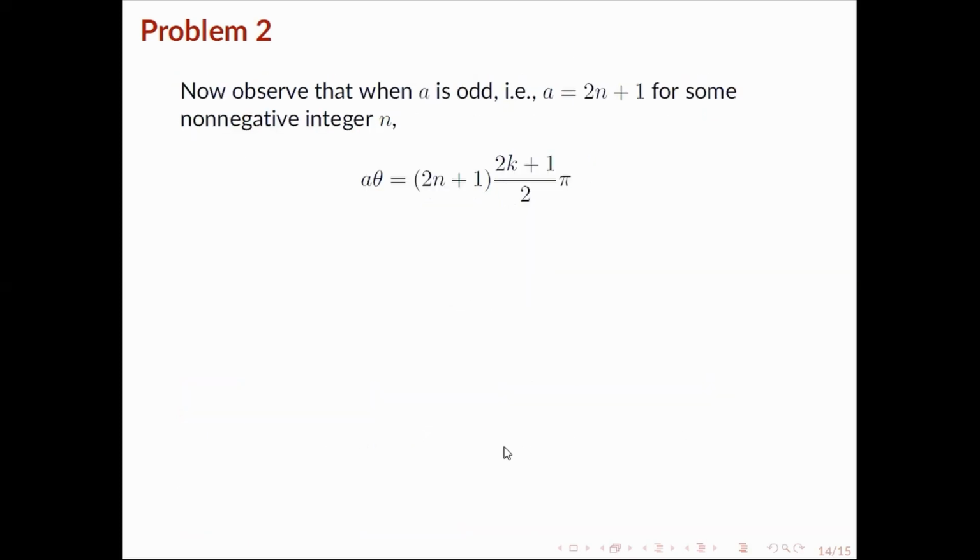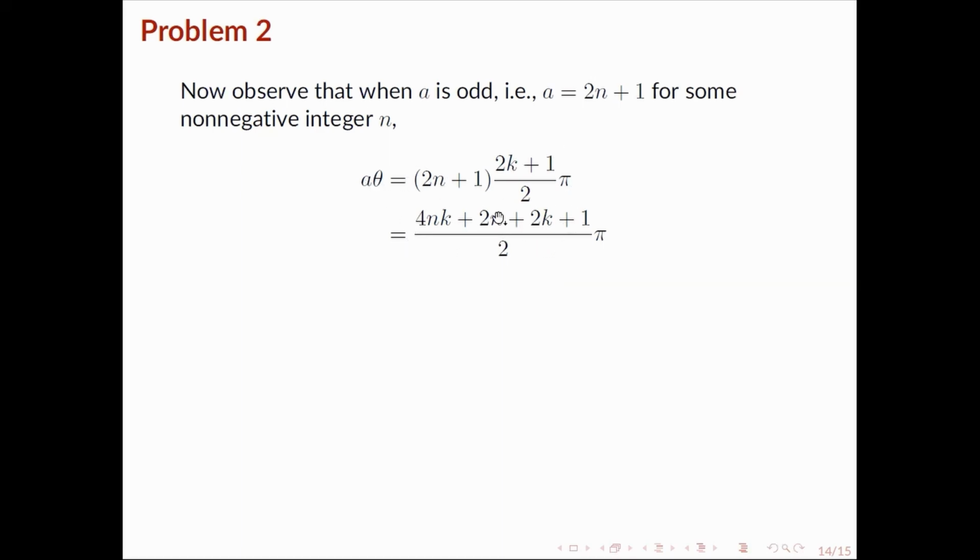Okay? Now, observe on the other hand, if a is odd, that is, a equals 2n plus 1 for non-negative integer n, then our a multiplied by theta will become (2n plus 1) multiplied by (2k plus 1) all over 2 multiplied by pi.